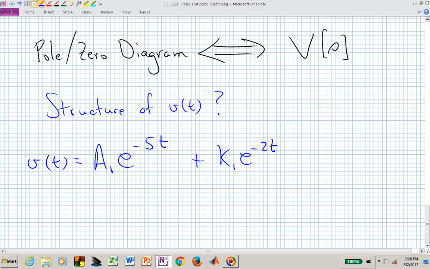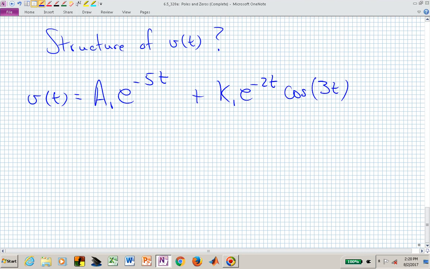That's their exponential damping. The cosine has a frequency of 3. That's due to the imaginary component of the pole, plus k sub 2 e to the minus 2t sine of 3t, t greater than or equal to 0. That would be one acceptable form for the structure of v of t.